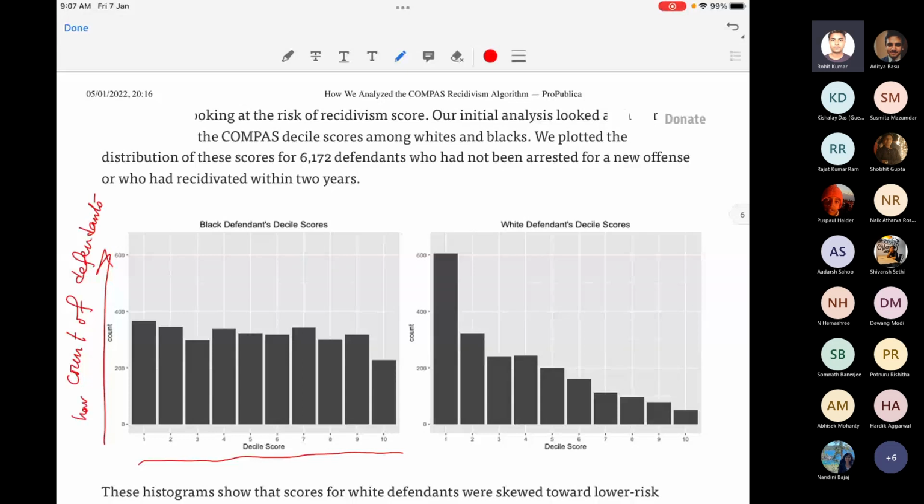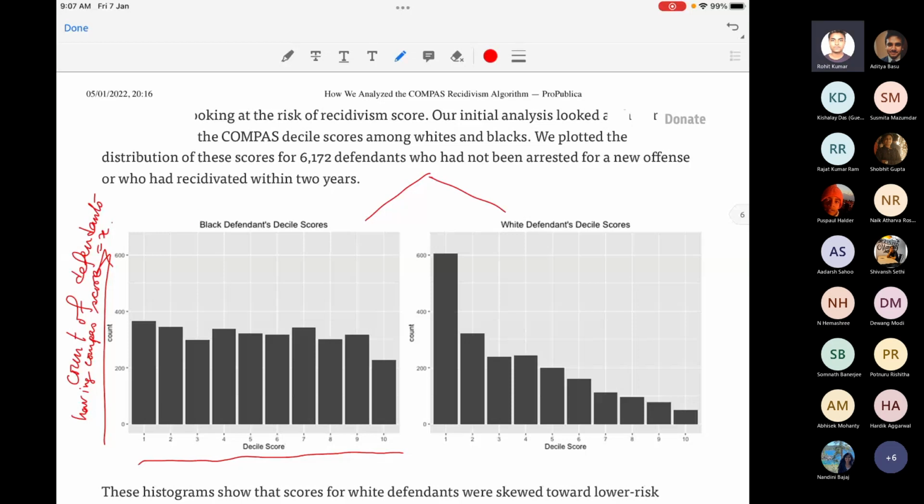having compass score equal to x. Okay, and these are the compass scores. Now the data was divided into 2 parts, the blacks and the whites. Now what do you observe from these two distributions?